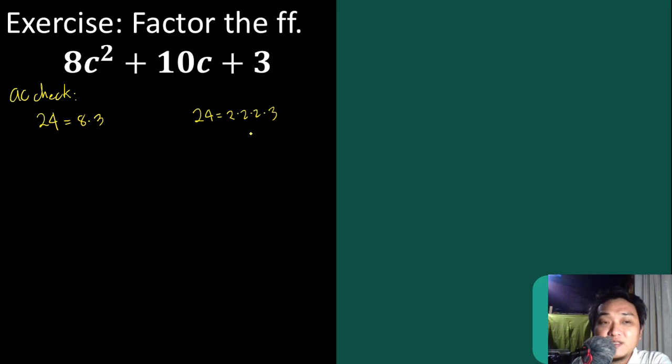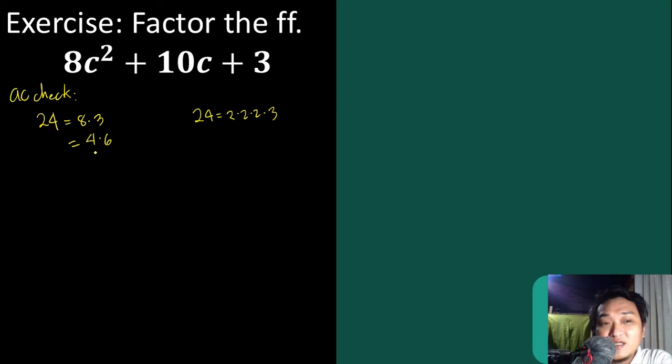Para makita pa natin yung iba pang factor ni 24 that may result to 10. Okay. So, aside from 8 times 3, we can also have 2 times 2 is 4, 2 times 3 is 6. We can also have 4 times 6. Marami pa yan. Meron pa yung 12 times 2, 1 times 24, and so on and so forth.